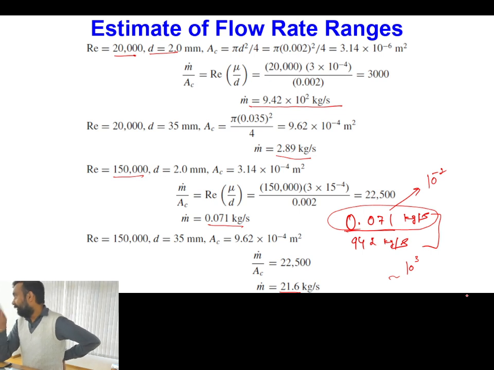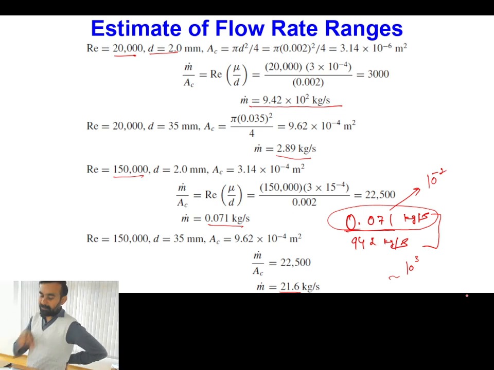Or if it is not matching with any established theory, then with the help of experimental data, whatever we will be obtaining for this single diameter pipe, we can develop some heat transfer coefficient correlation, and that we can use for other pipe diameters.